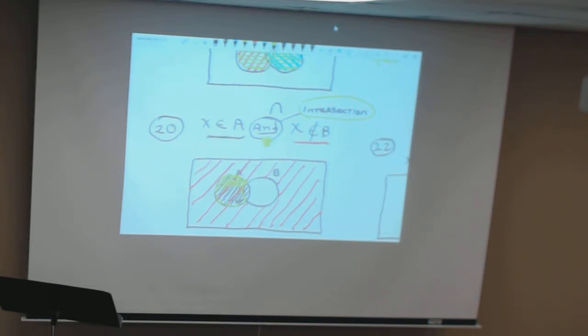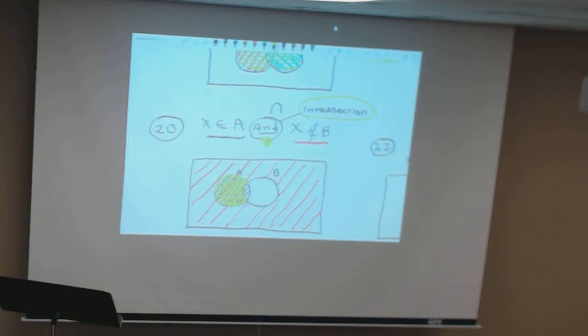Where I've got that little A with the bite out of it? Everybody see why I don't use that part over there? Because there's no red marks in the part that's in B. Because it has to be not an element of B and an element of A. So it's where A intersects with anything outside of B. Everybody see where I get the green area that I just made there?